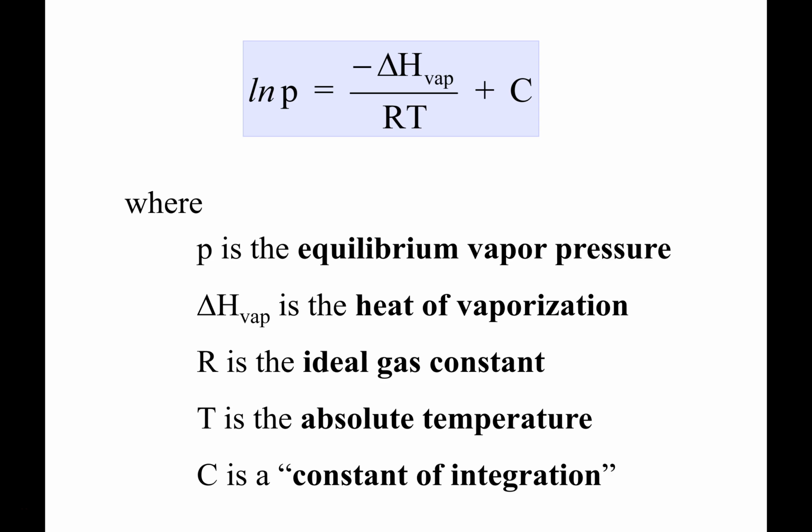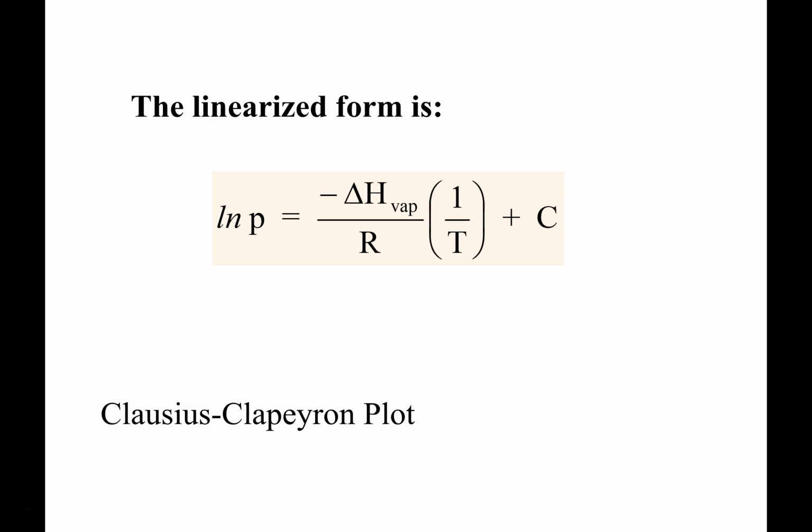And C, I'm going to show you how this works, but in math, if you plot a straight line, you get some kind of little thing on the end, C, and that's the constant of integration. Like y is equal to mx plus b, that's the b part. Speaking of y equals mx plus b, notice the difference between the previous version and this version is I have pulled out the inverse, or the 1 over the absolute temperature. I did that on purpose.